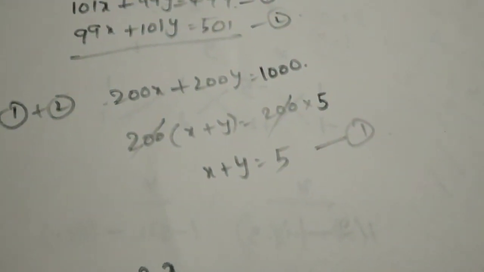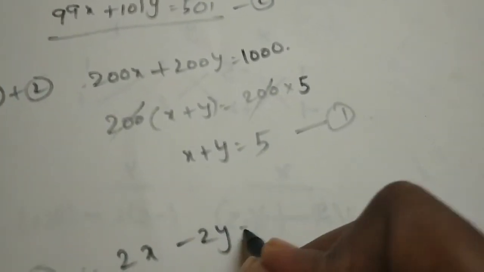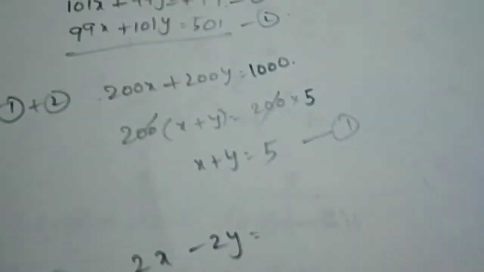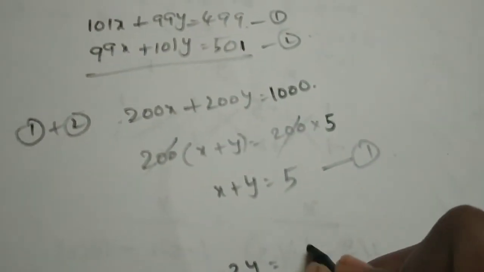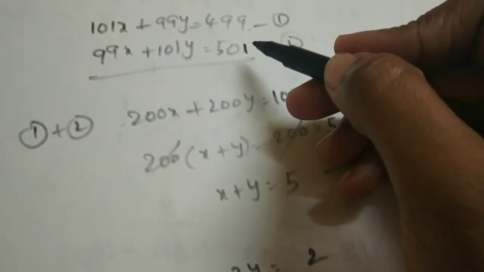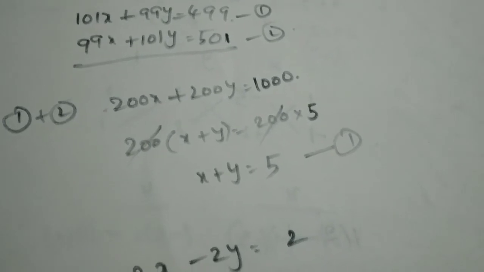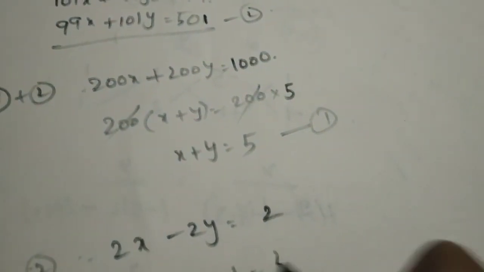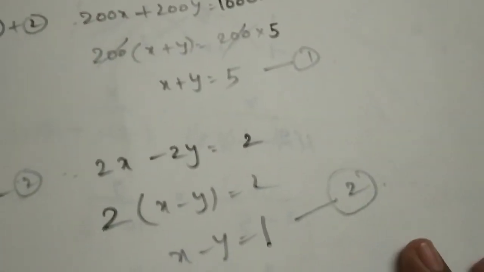Here also, subtracting 99y minus 101y, that means minus 2y, is equal to 499 minus 501, that is minus 2. Take 2 as common: x minus y equal to 1 you will get. This is the second equation.